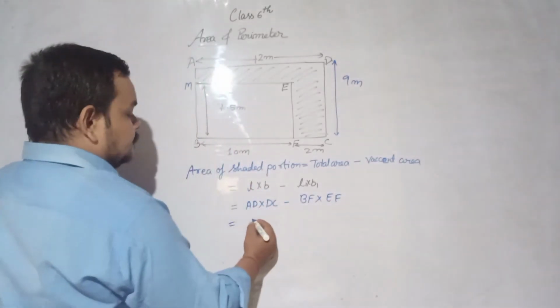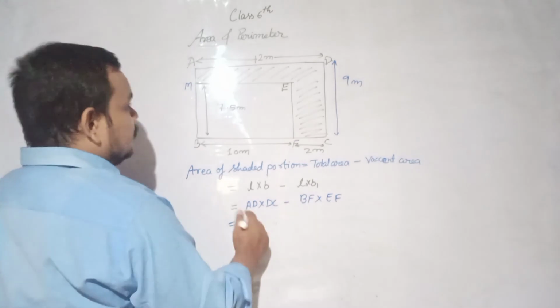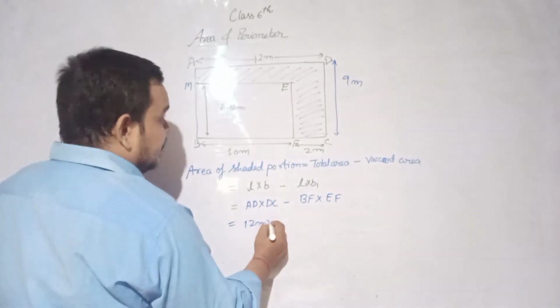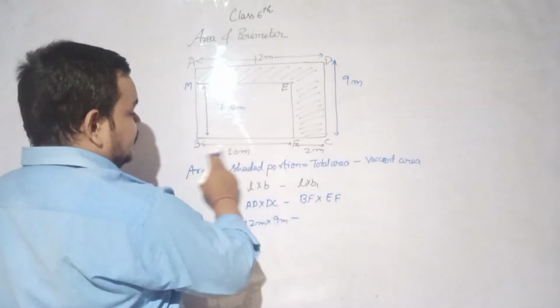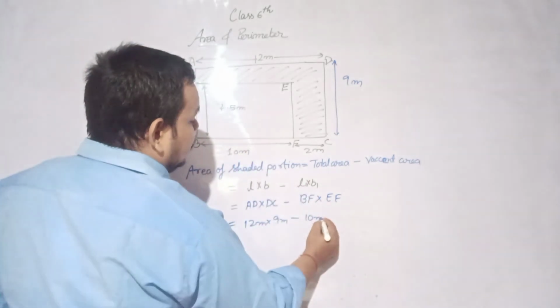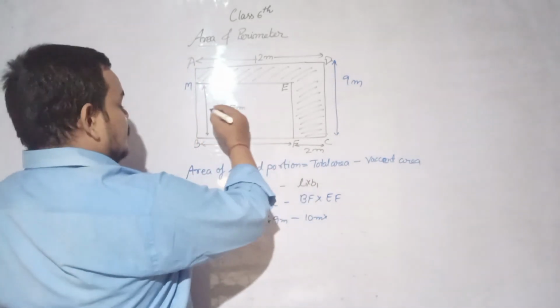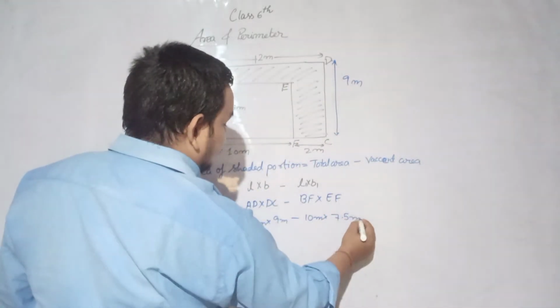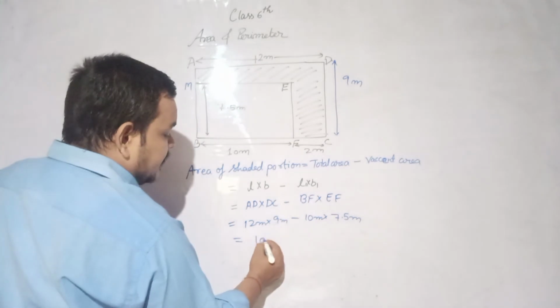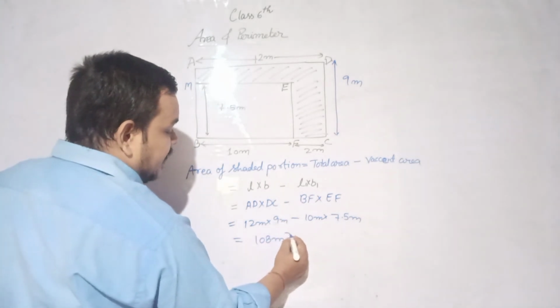So it became AD is given 12 meter and DC is given 9 meter, minus BF is given 10 meter and MB or EF is given 7.5 meter. So multiply it. 12 nines are 108 meter square.